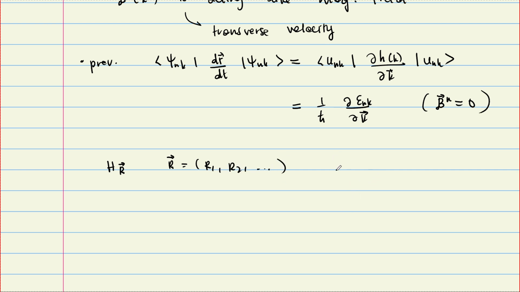And I want to calculate this object, this generalized velocity v_mu, which is equal to <psi_n| del_mu H |psi_n>. And here again, del_mu is short for del over del R_mu.